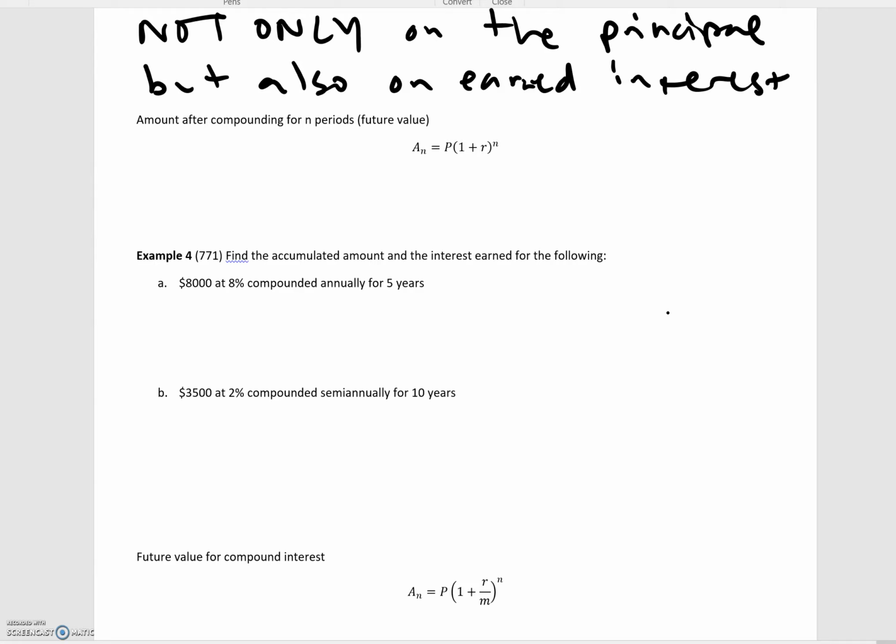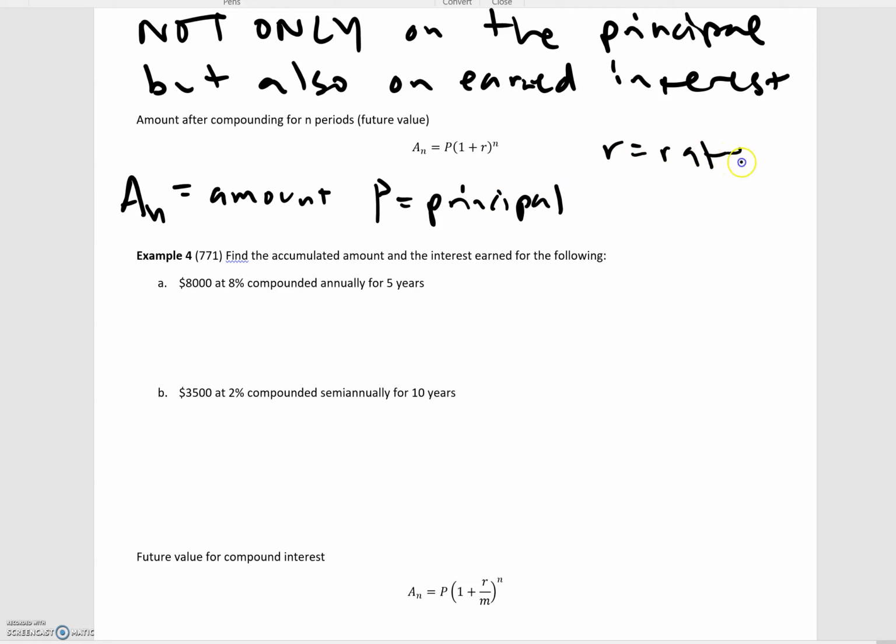And we're looking at the future value, meaning how much we're paying over time. So A sub n is the amount. P is the principal. R is our rate. And n is our time.